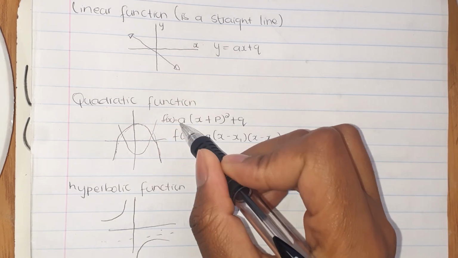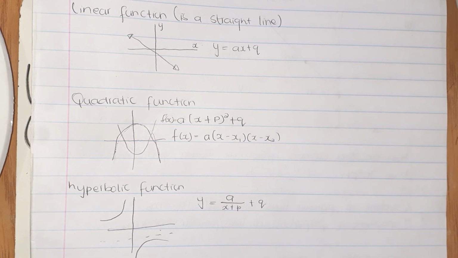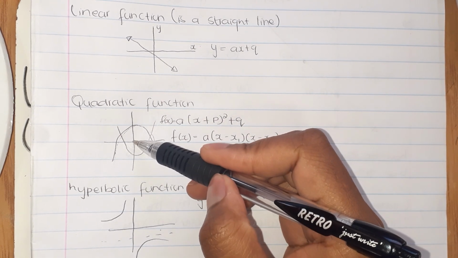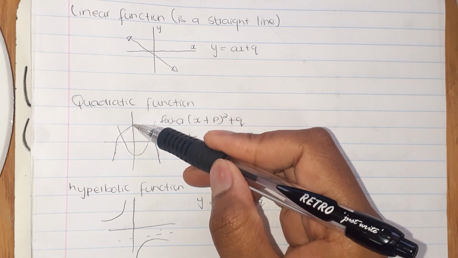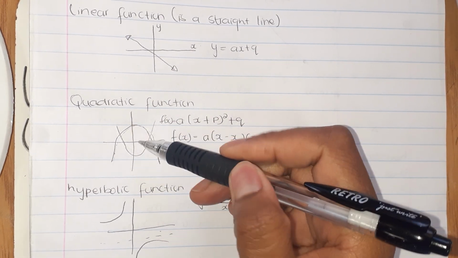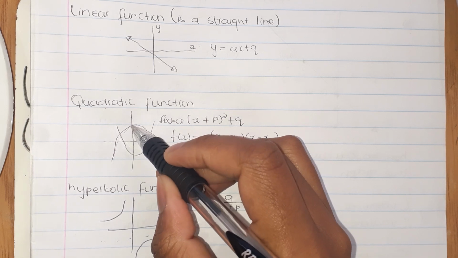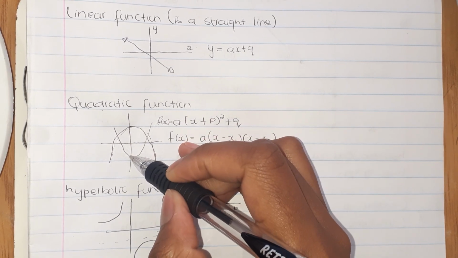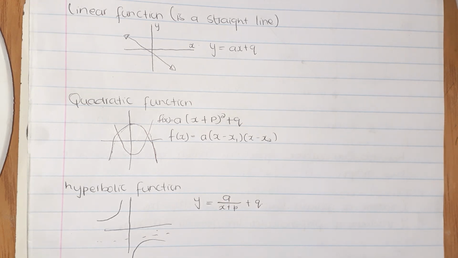It's going to be sad, remember, with a. And then q is the y value. So q represents how many steps the graph has gone up from the origin. So if q is 4, then this will turn at 4 here. Or if q is negative 4, it will turn at 4 down here.